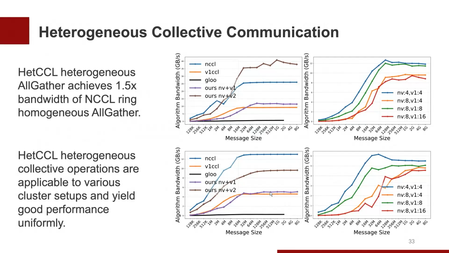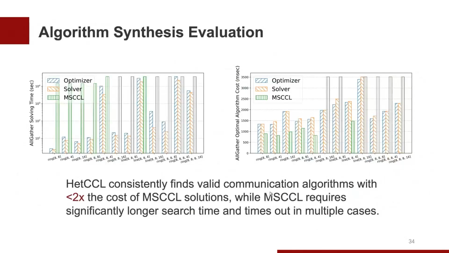And compared to the NCCL ring homogeneous operations, we can also achieve better performance. And compared to the existing collective algorithm search, we can achieve less than 2 times lower cost compared to MSCCL, which is the state of the art for the collective algorithm search.